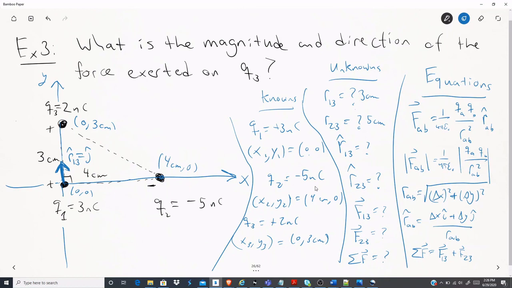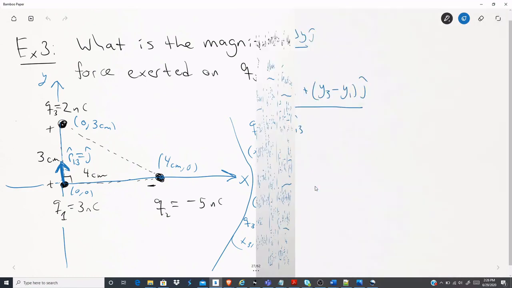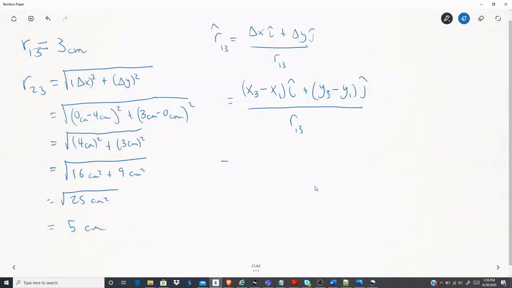Remember, the j hat vector is a vector that points just in the y direction. So R13 hat would just be j hat. But we'll see it in the math when I do this difference. So what do I have? I have x3. The x-coordinate for q3 is 0. The x-coordinate for q1 is also 0.